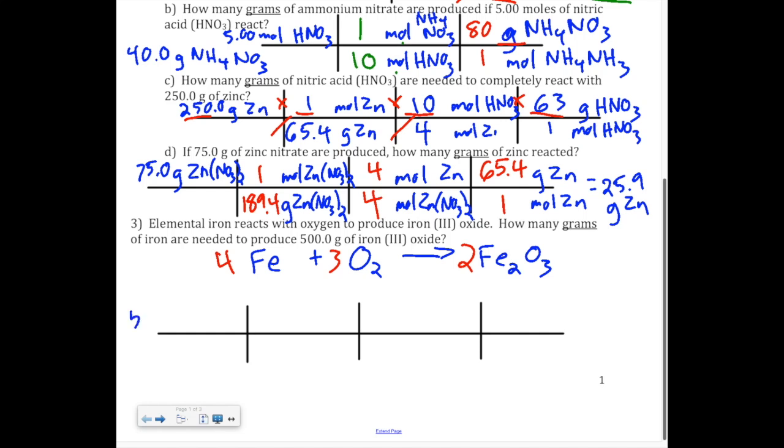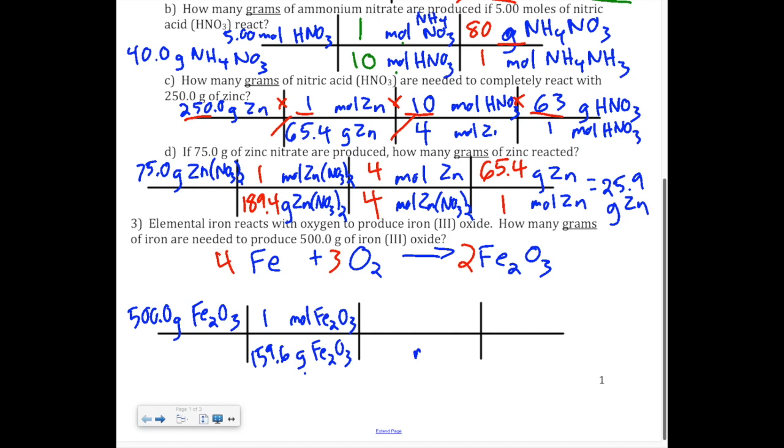We'll start with 500 grams of iron oxide, Fe2O3, and change it to moles of iron oxide. Anybody notice a pattern? I hope you do. So now the grams to moles, I need to go to the periodic table to find this number, and it is 159.6 grams per 1 mole.